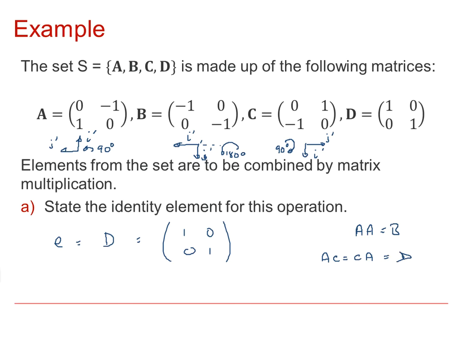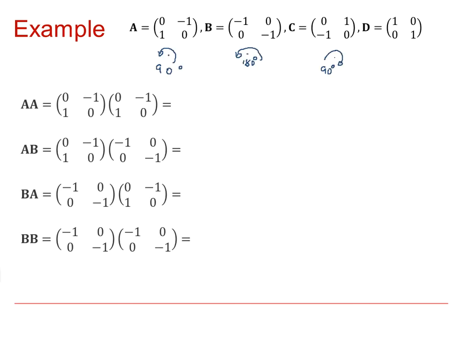The other way of considering these, though, is to look at the matrix multiplication, so I'll look at some of that now. If we multiply together A with itself, then indeed the matrix that we get is -1, 0, 0 and -1.